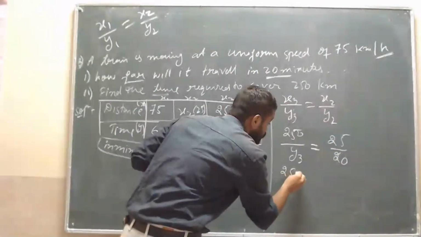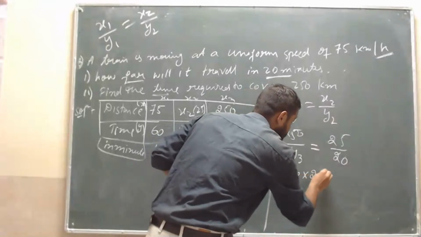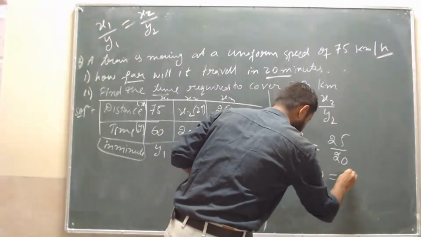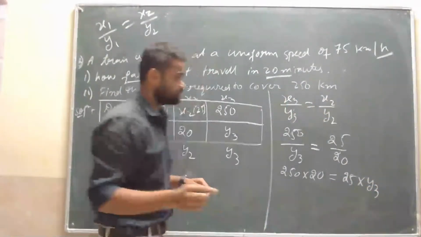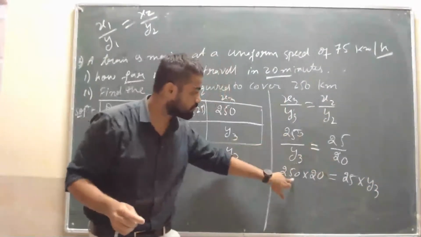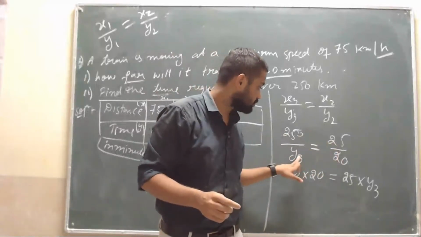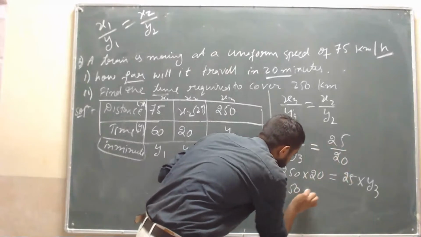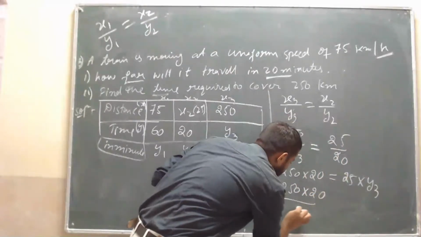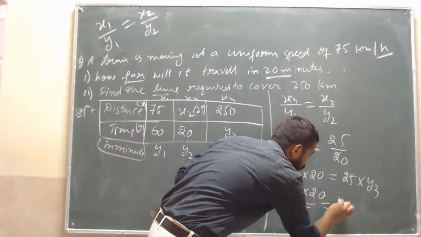That is 250 into 20 is equal to 25 into y3. Cross multiply: 20 into 250 and 25 into y3. Now 250 into 20 divided by 25 is equal to y3.